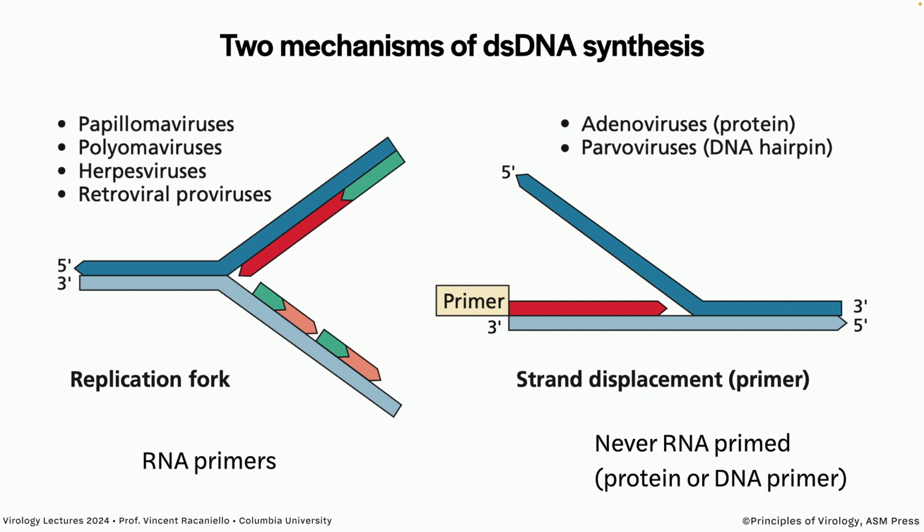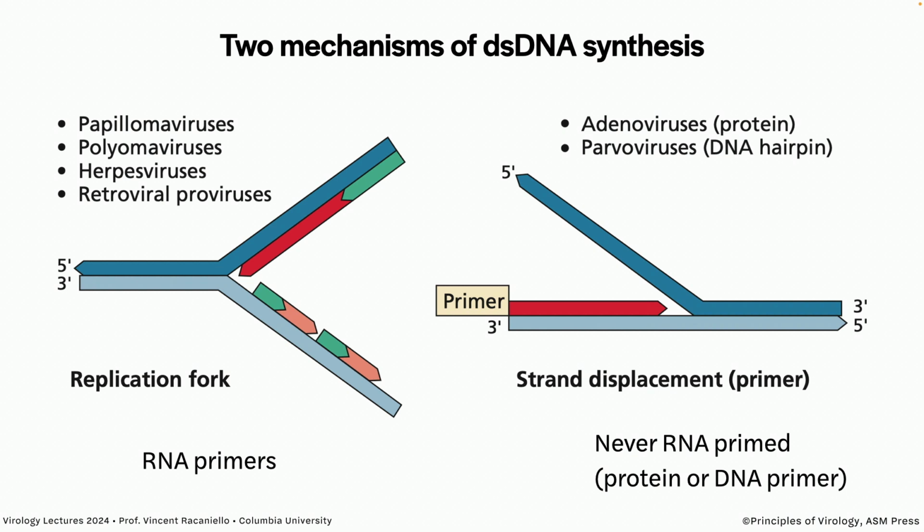And so here you can see we have primers being made in green. These are RNA primers that are made first, and they prime DNA synthesis, which is shown in red and orange. And that can happen on both strands in a 5' to 3' direction. And that happens with these viruses here, papilloma, polyoma, herpes, and retroviral proviruses. So retroviral provirus is the viral DNA integrated into the host. So our host cell does this kind of replication fork.